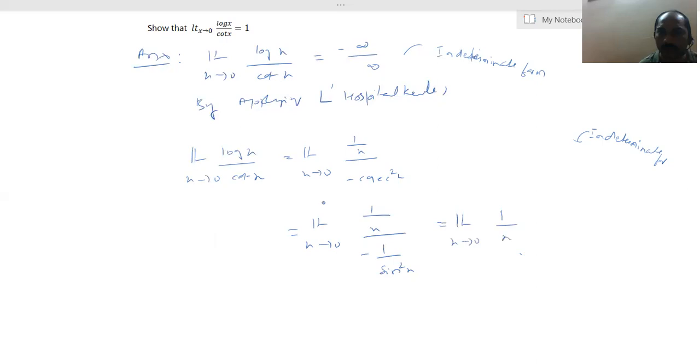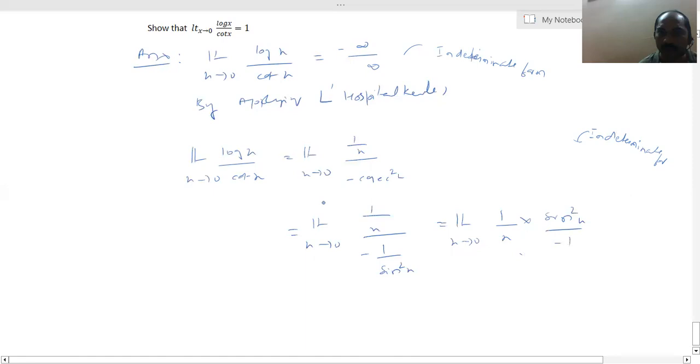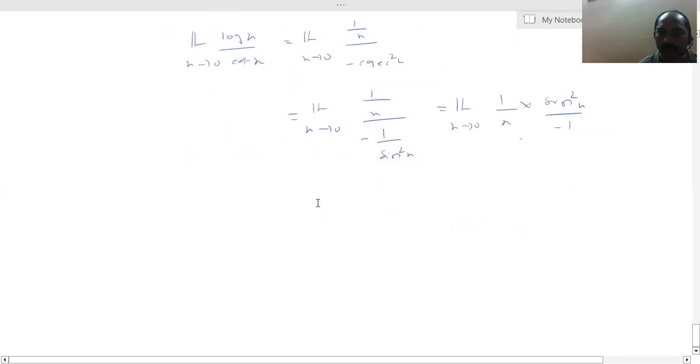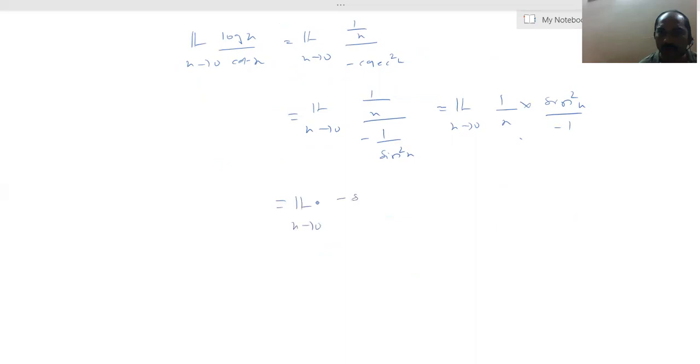Thus we get 1 by x into sine square x by minus 1. This expression is written as minus limit x tends to 0 of sine square x by x, because you keep the minus sign in the numerator.